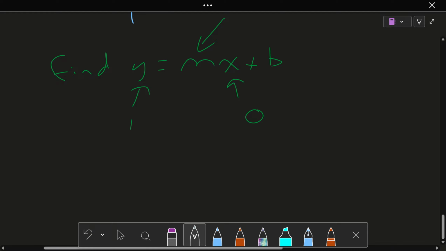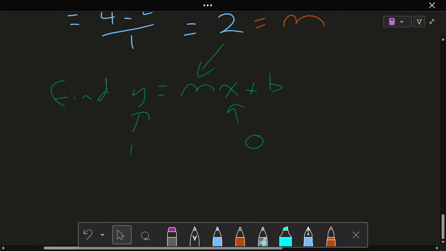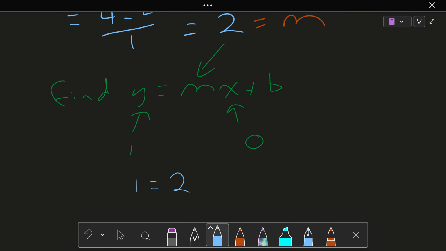I don't know why that pen's not working. Oh, I already made a mistake because of my technology. Okay, my y is 1, my slope was 2, my x was 0. So I'm very quickly going to get my b is equal to 1.